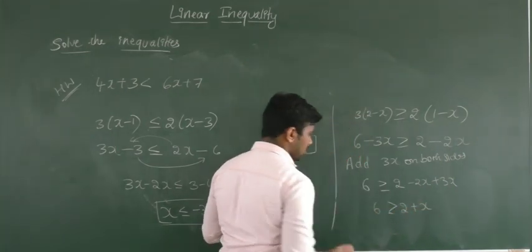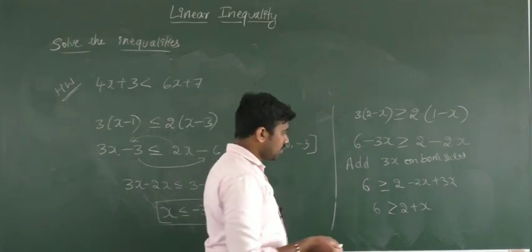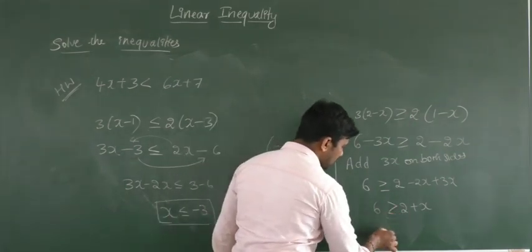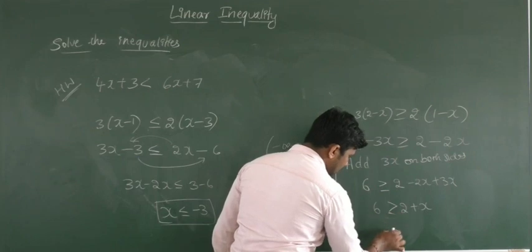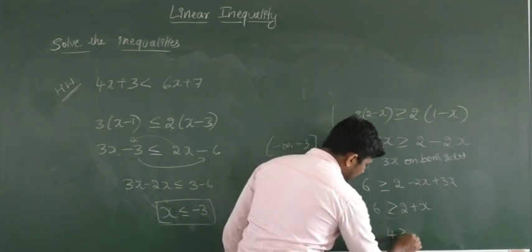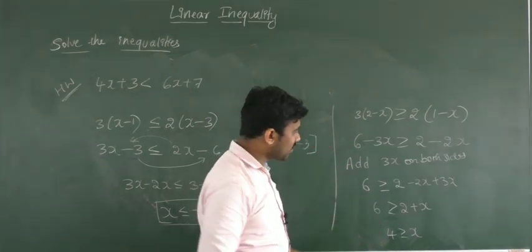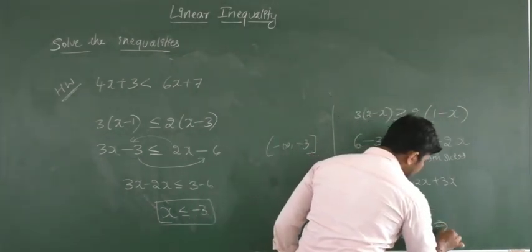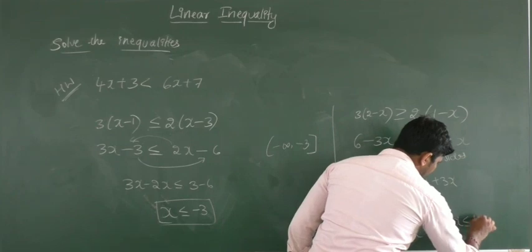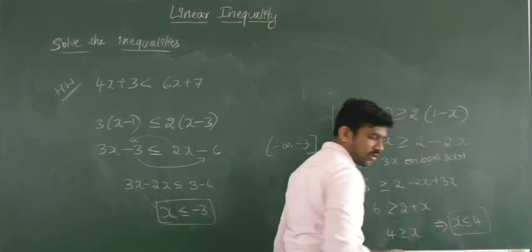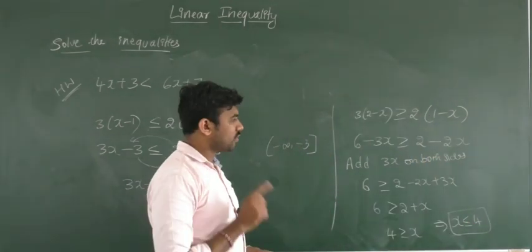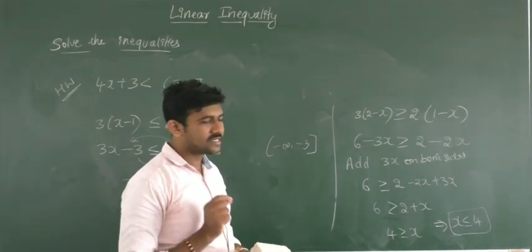Or bring this 2 to this side, we'll get 6 minus 2, that is 4, greater than or equal to x. 4 greater than or equal to x is nothing but x is less than or equal to 4. So what is the solution set when x is a real number and x is less than or equal to 4?